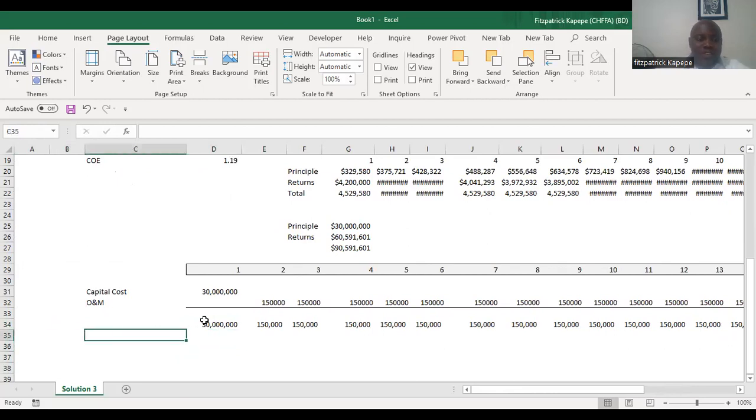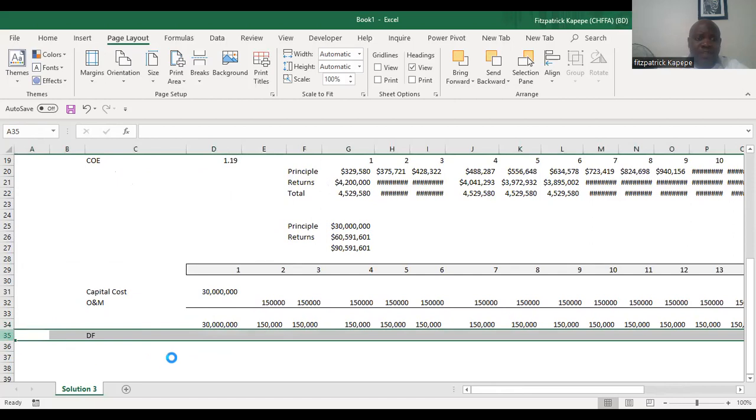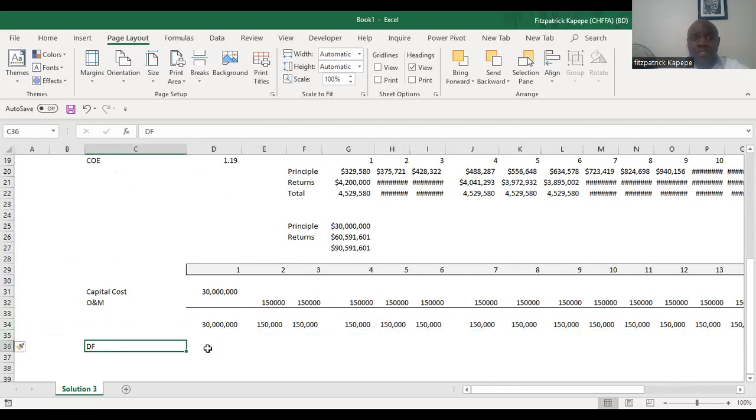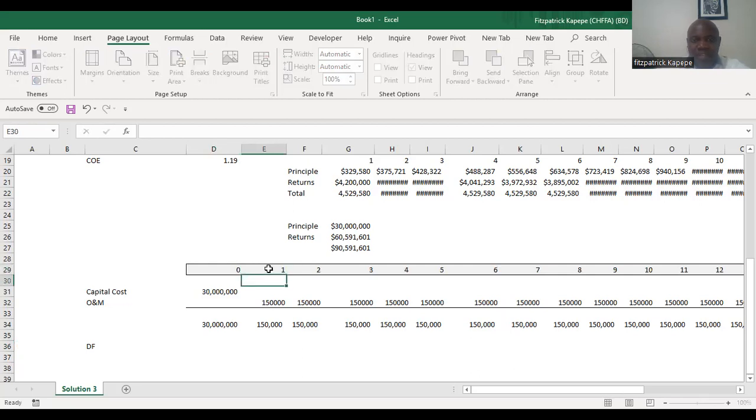You can have your discount factor here, or I'll show you how you can do it quickly without doing that. So the discount factor, which is your 12%. You start with what I would call year 0, which is basically this. I can put a 0 here and put a 1 there so that you have something like that.